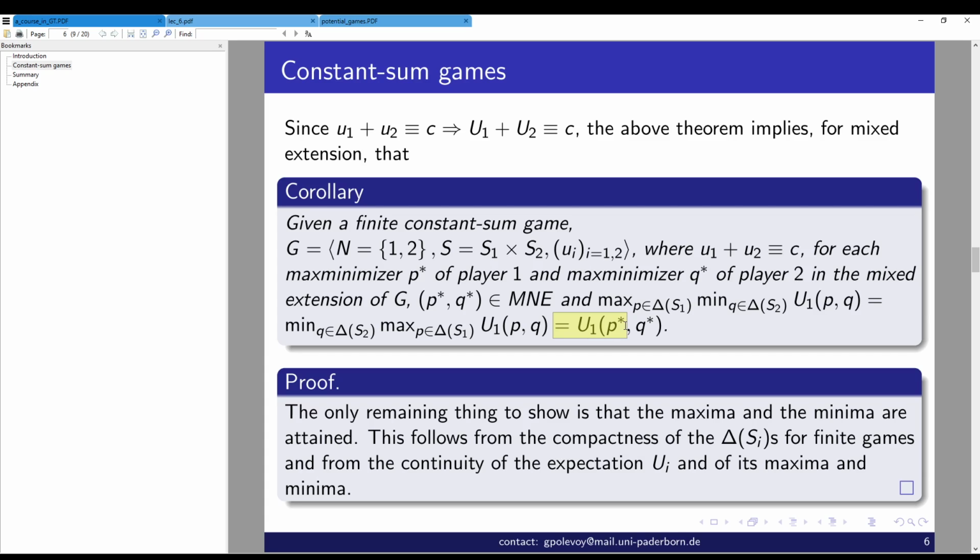And the only thing we need to prove is that the maxima and the minima are attained, since here the sets are infinite. But that follows from the compactness of the sets of mixed strategies for finite games, and from the continuity of the expectations U_i and of the maxima and minima.